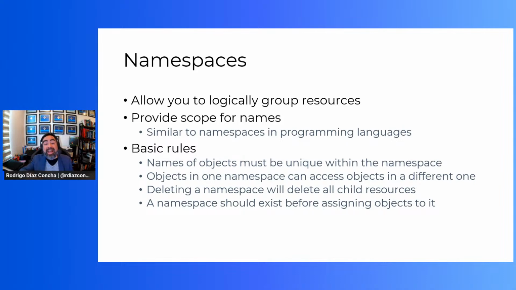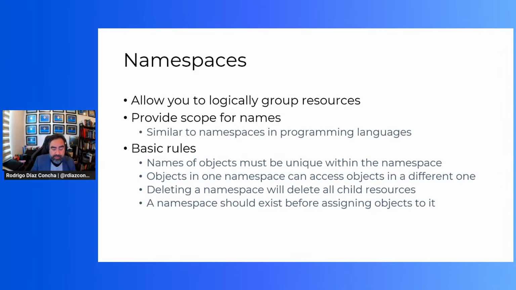However, if you create another namespace, you can create a pod with the same name in that other namespace, okay? That's why we say that they provide the scope for names. That's actually one of the traits of namespaces.